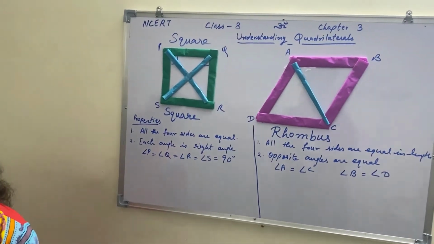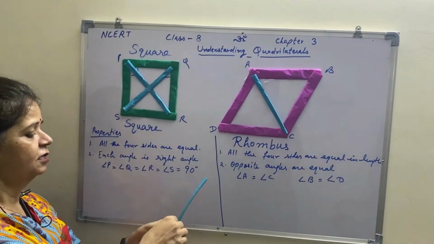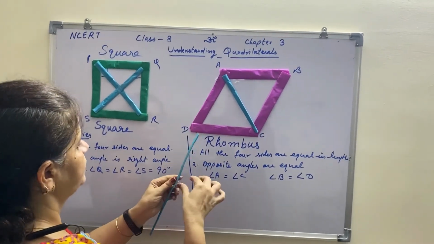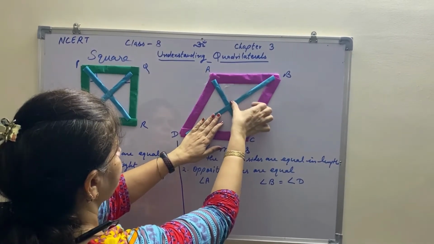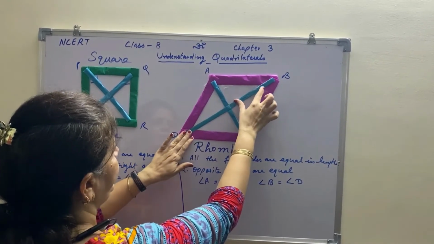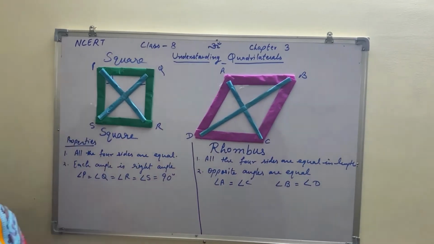So this is the difference. The earlier difference is that the angles are not 90 degrees in a rhombus, and this is another difference: diagonals are not equal.